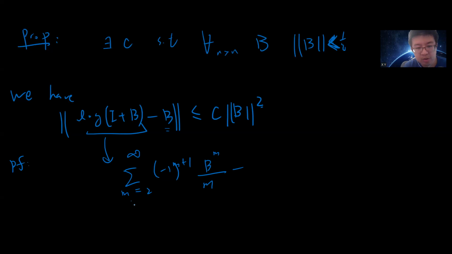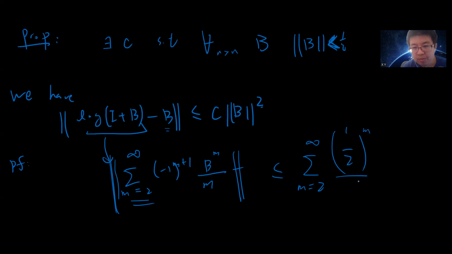Since it's minus B, I'll start from 2. And this is bounded by the summation from m equals 2 to infinity of half to the m, and this will just be some constant C. Let's denote this constant C.